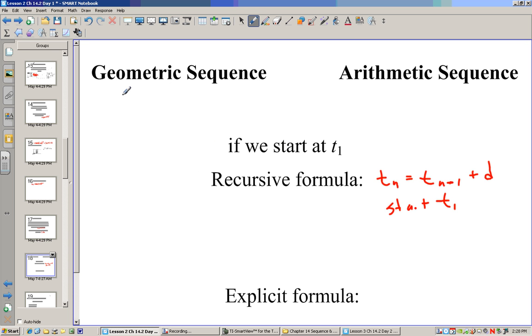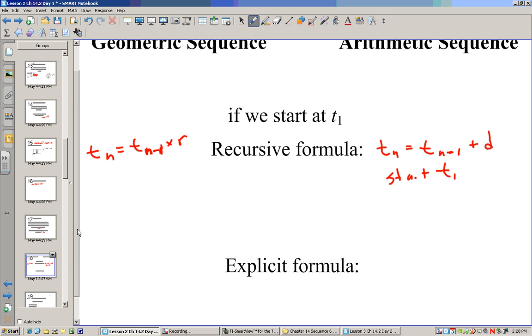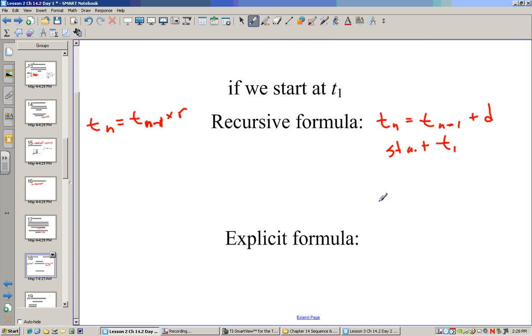Our recursive formula for geometric, we're going to take t sub n, and we're going to take the previous term, and we're going to multiply it by our common ratio. That's t sub n minus 1 times r. For our explicit forms, we're going to take t sub n equals our starting point plus our common difference times n minus 1.